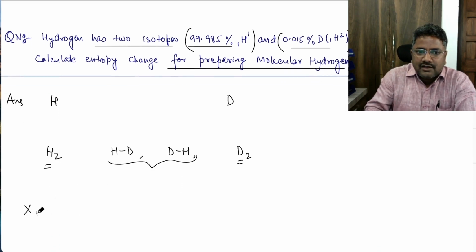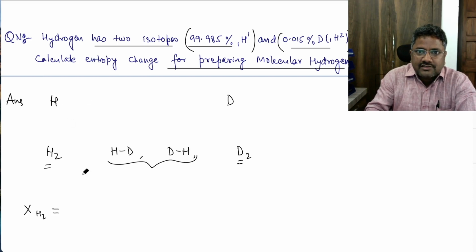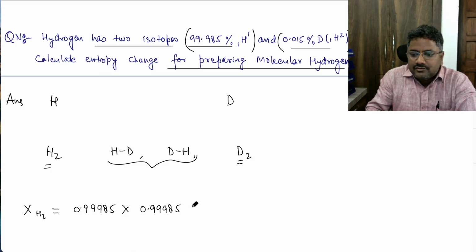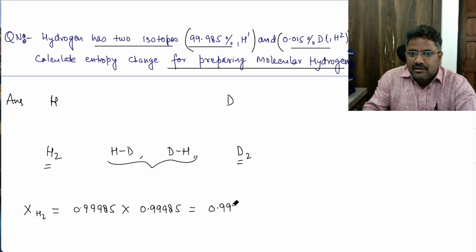Mole fraction of hydrogen H2 molecule is equal to 0.99985 multiplied by 0.99985. So this is equal to 0.99970.